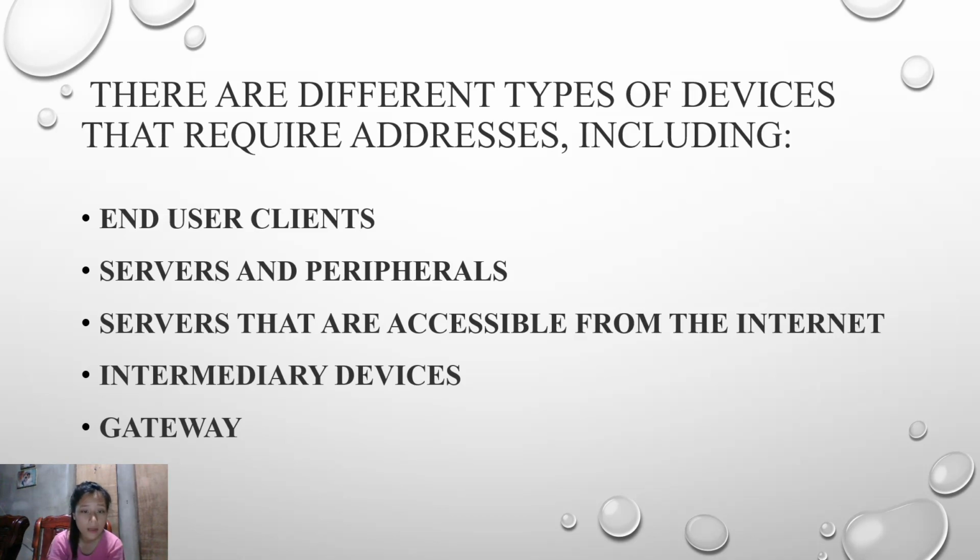For the gateway, routers and firewall devices have an IP address assigned to each interface, which serves as the gateway for the hosts in that network. Typically, the router's interface uses either the lowest or the highest address in the network.